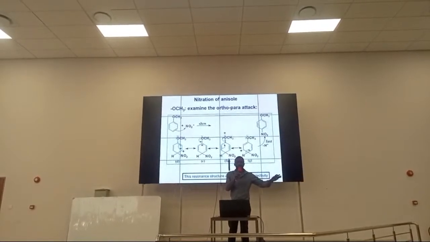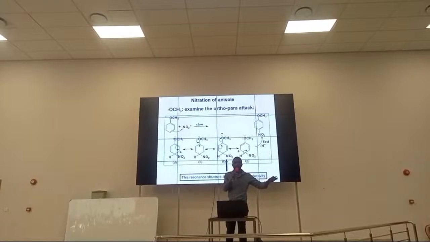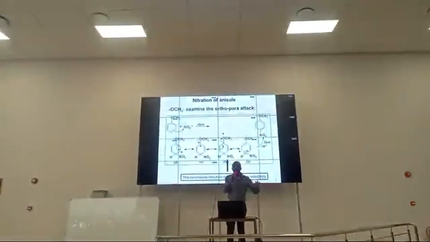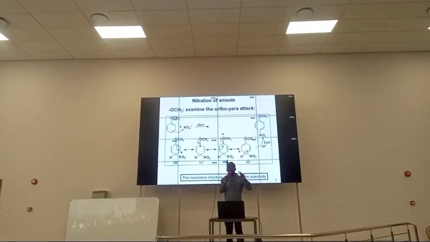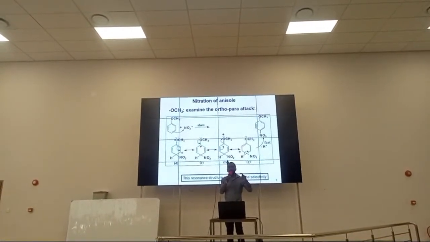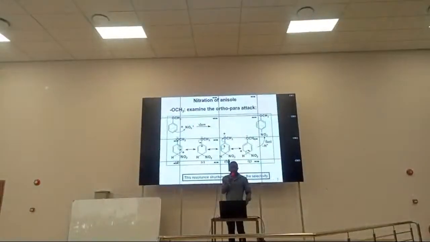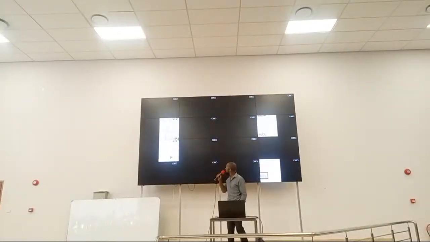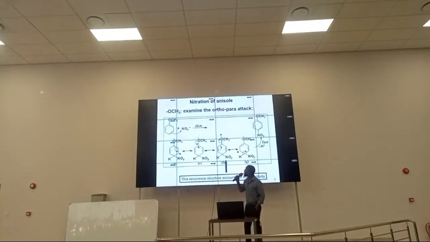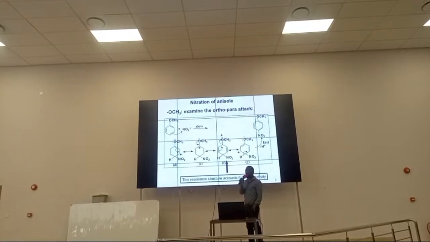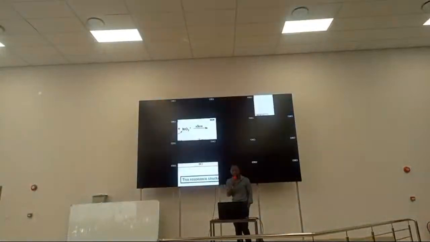The more resonance structures you can draw for an intermediate, such as a carbocation, the more stable that carbocation is, and therefore the lower the activation energy that accompanies its formation, and therefore the faster it is formed. The lower the activation energy, the faster the rate of its formation. And that is the reason why more carbocations corresponding to attack at the para position are going to be formed and lead to the para-substituted product.